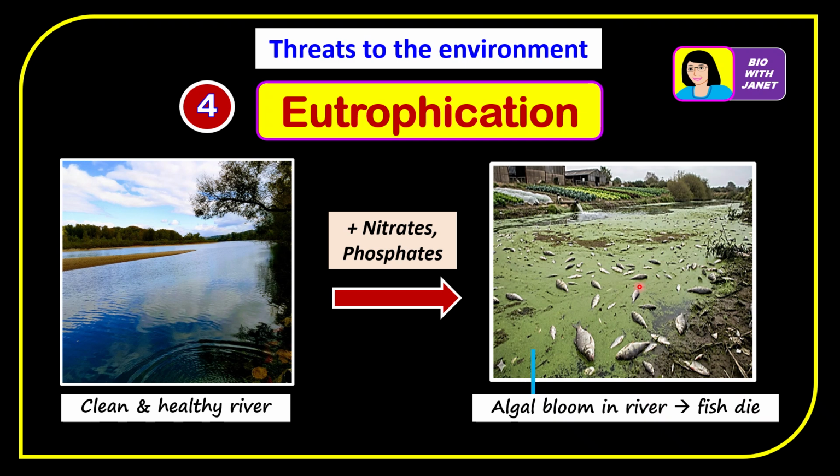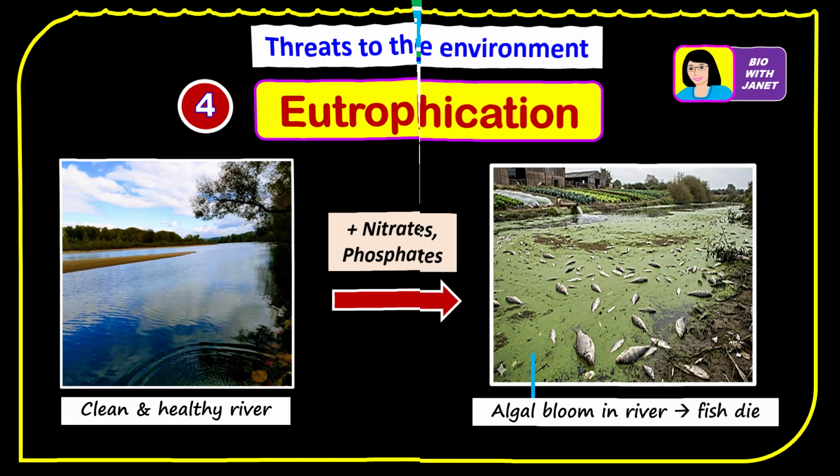And later on, a lot of dead fishes were seen floating on the river surface. So what has happened? And how can we help to revert the condition of the river back to its original condition? Is it possible? Let's find out more.